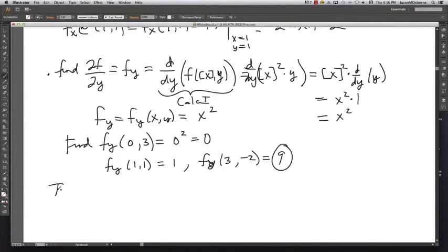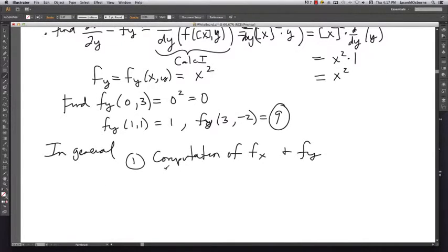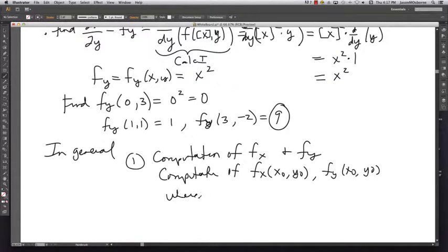So in general, you can ask for the computation of the functions f sub x and f sub y, or you could ask for the computation of f sub x at a particular value, say x naught, y naught, or f sub y at x naught, y naught. What I mean by that is where x naught and y naught are given. These are some numbers that you're picking.